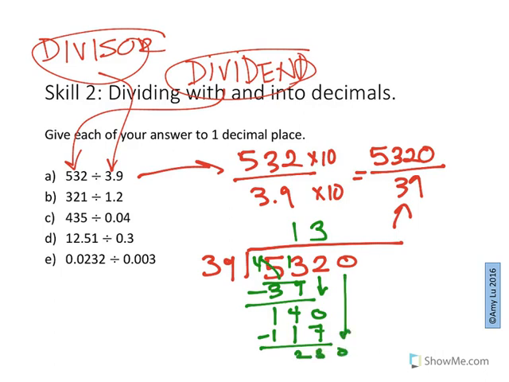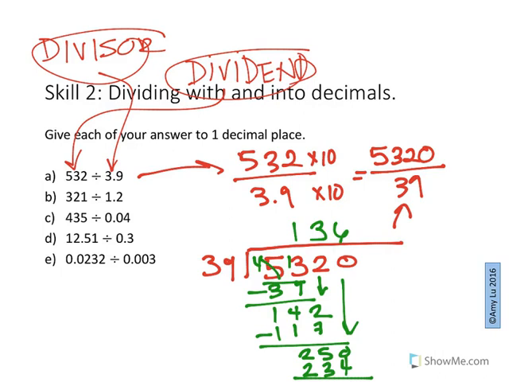Bring down the final 0. 39 fits into 250 6 times, because it makes 234. When you subtract that, you have a remainder of 16. (I made an error earlier, so let's disregard that; this should be a 2.)